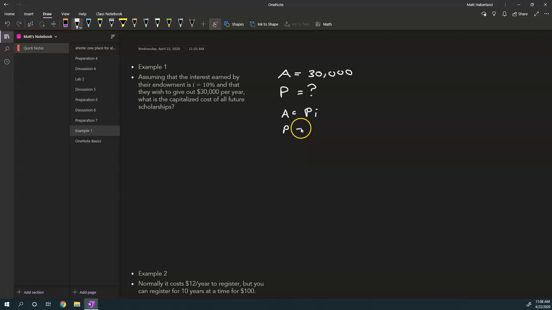P is equal to A divided by I. That's the amount of money that they're going to need so they can take out A in interest every year. All right, so let's figure that out. 30,000 divided by 0.1 is equal to $300,000 is the amount of money they initially have.